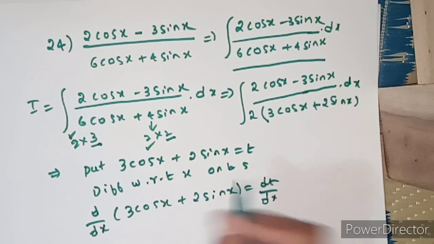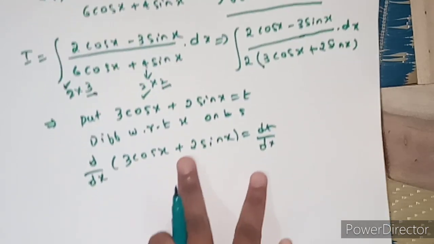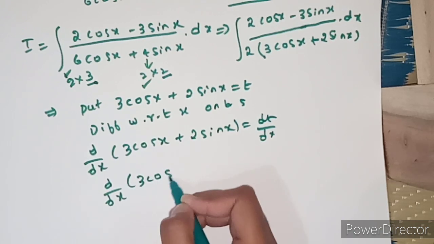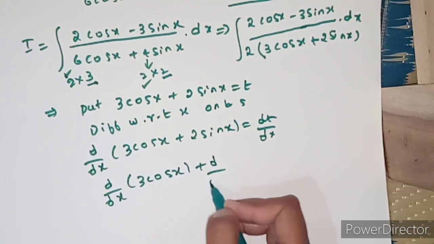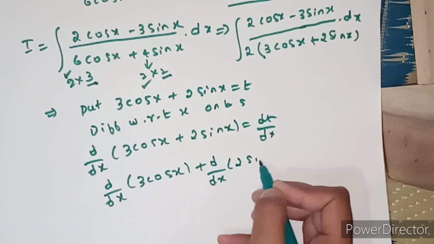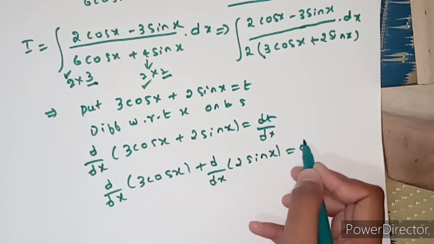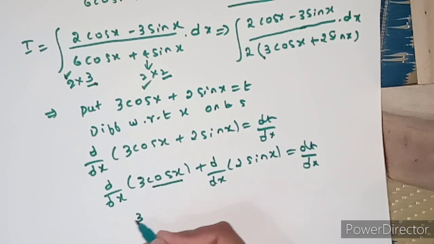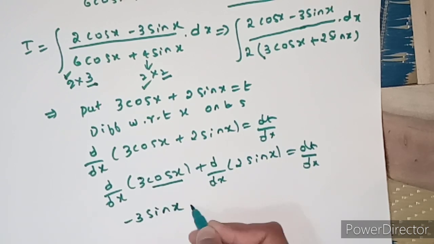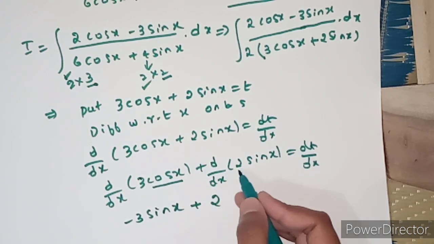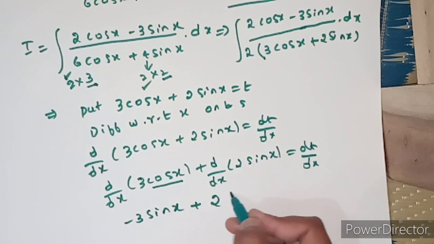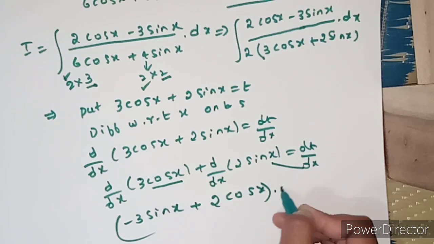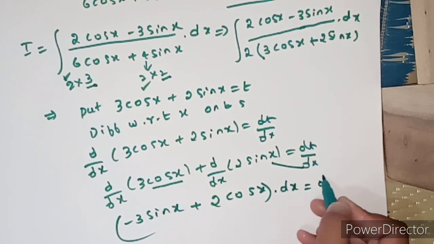Now differentiate separately: d by dx of 3 cos x plus d by dx of 2 sin x is equal to dt upon dx. Now take this 3 outside, since it is constant. The derivative of cos x is minus sin x, so minus 3 sin x plus, take the constant 2 outside, the derivative of sin x is cos x. Shift this dx to the left hand side, so (minus 3 sin x plus 2 cos x) into dx is equal to dt.